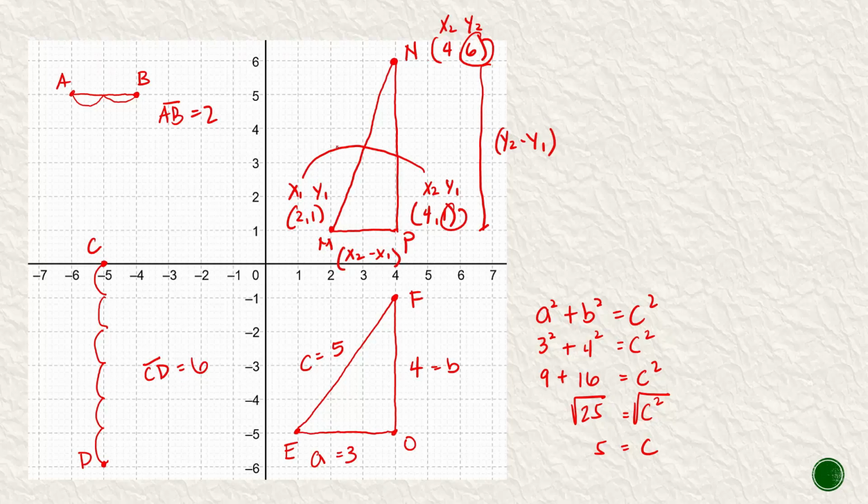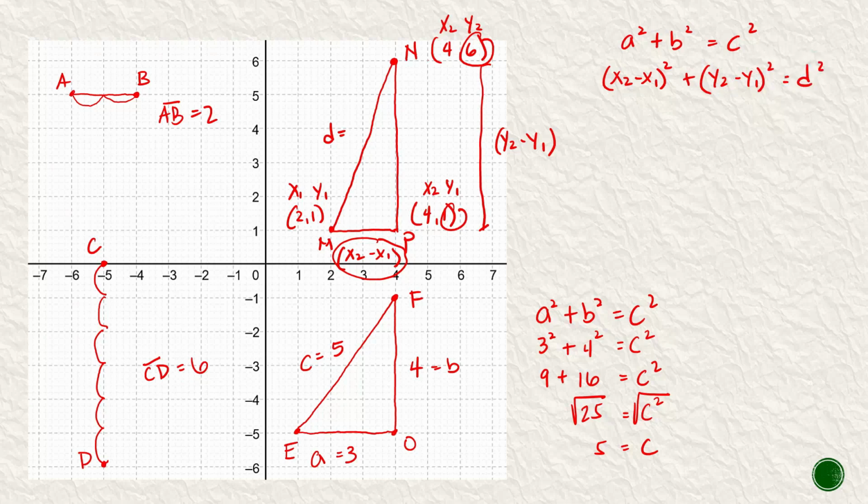Now let's name the distance between M and N as d. We will now apply the Pythagorean theorem. So that's a squared plus b squared equals c squared. Our a is the base, which is x2 minus x1 squared, plus b, which is y2 minus y1 squared, equals d squared.